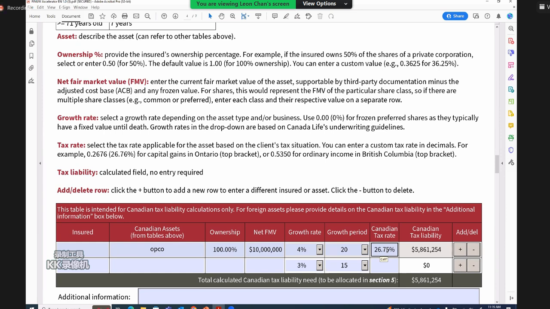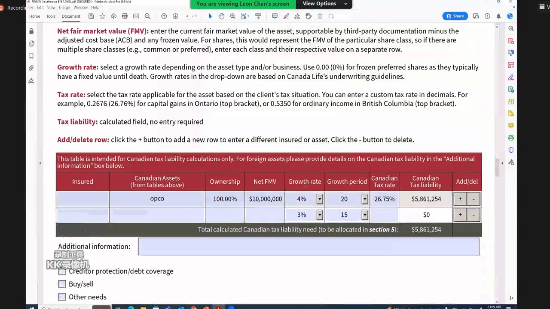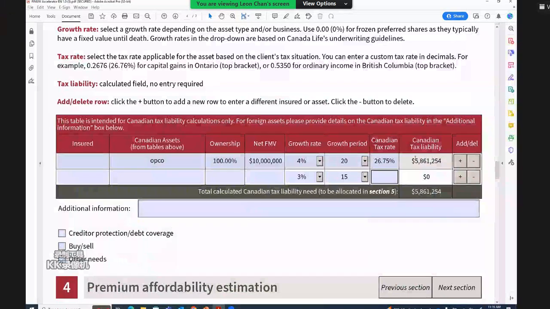And in our assumptions here, that 50% that's taxable is taxed at the highest marginal tax rate of 53.5%, which equates to a tax rate of 26.75%, right? That calculates that tax liability there. And all in all, it'll create a tax liability.